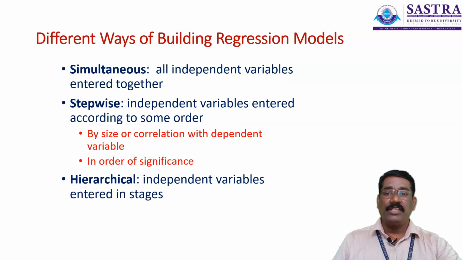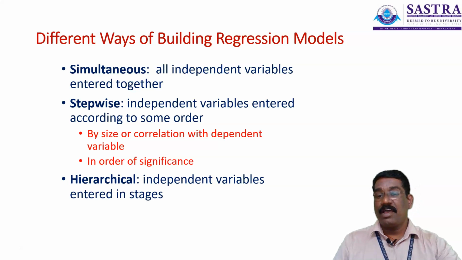Next, different ways of building regression models. There are many models. One is the enter method or simultaneous method, where all independent variables are entered together. And the stepwise method, where independent variables are entered according to some order. In SPSS, they are automatically put in order by size of correlation with the dependent variable, in order of significance.